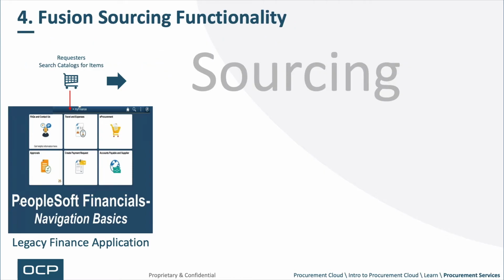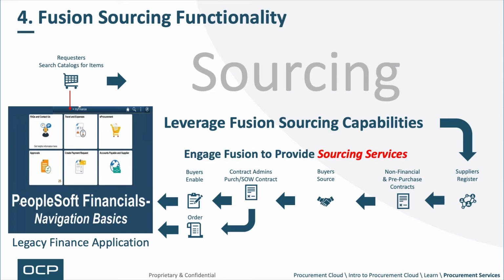Next, Fusion sourcing functionality. So once again, out of the legacy applications, requesters search for items. However, those items are not found. So then those requisitions will dip into Fusion to leverage the sourcing capabilities of cloud. And so as you can imagine, sourcing is more than just a sourcing event or negotiation. So you have supplier registration, which will include the profiles, the contact management, the qualifications as discussed before.